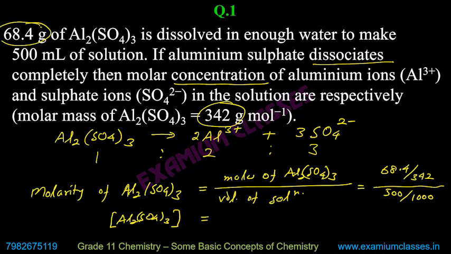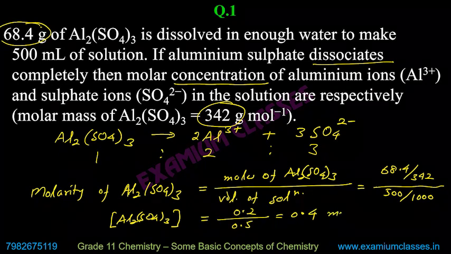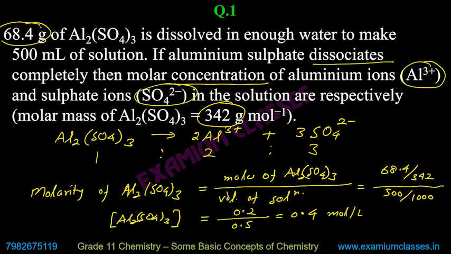So from here you will get the concentration of this compound as this much. When you solve this, 68.4, 342 twos are 684, so it will be 0.2. 0.2 divided by 0.5, right? That is 0.4. This is the concentration in moles per liter of Al2(SO4)3. But we have been asked the concentration of aluminum ion and sulfate ion after dissociation, and after dissociation aluminum ions are double.